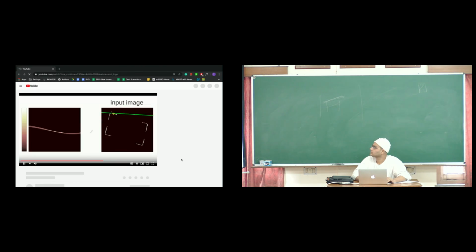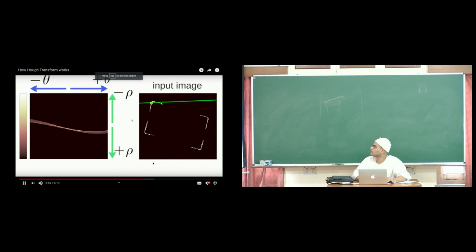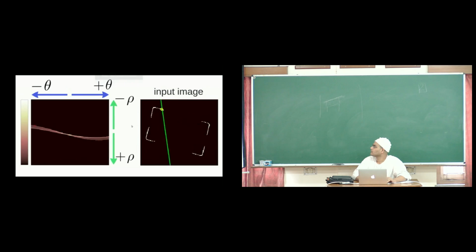Just click there and play. Theta and rho values define exactly the occurrences of these points here. So you are going left to right of the image, right? This line occurs here and it finds a correspondence. So the left side is getting updated.